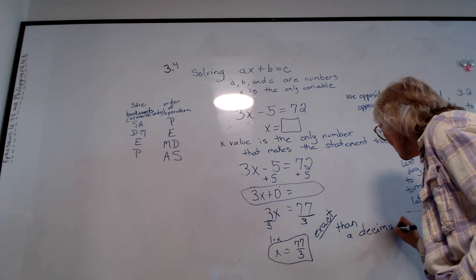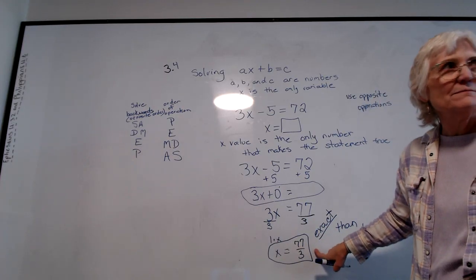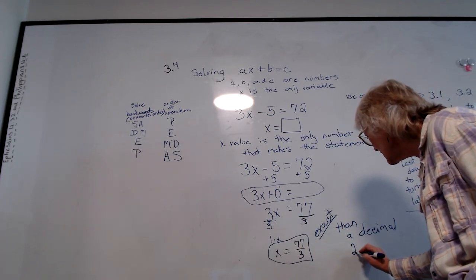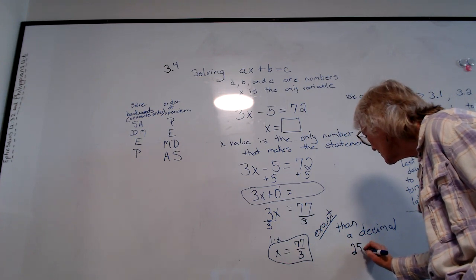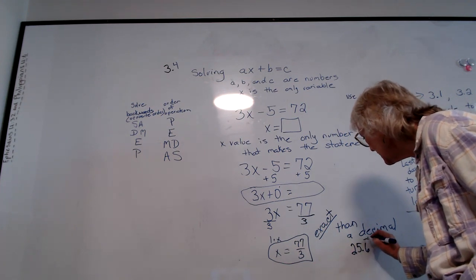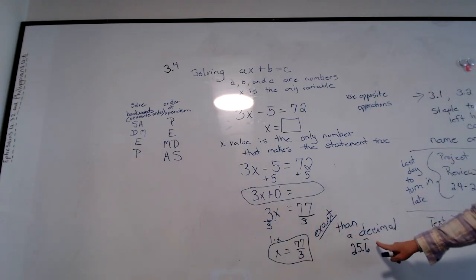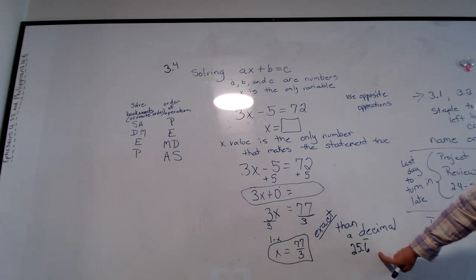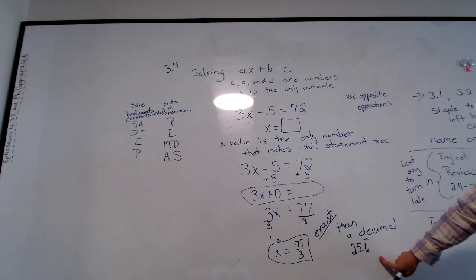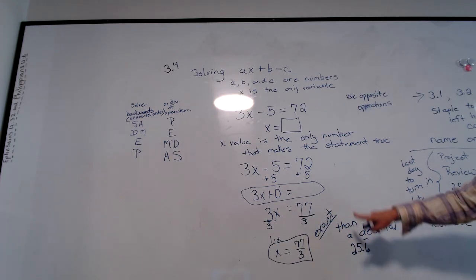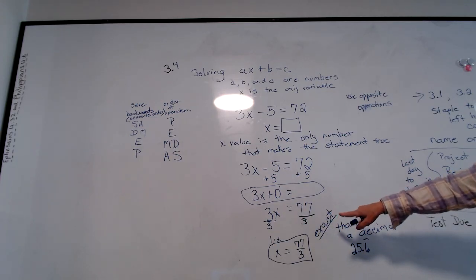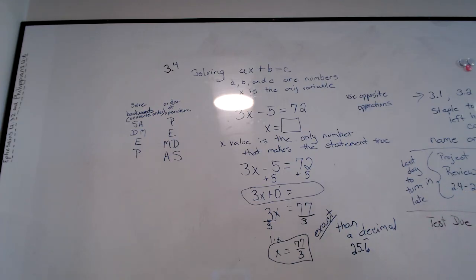So we prefer it in exact form. 25.666, 0.6 repeating. So this is more exact. This is actually not an exact number. It has to be rounded. That's why we go up to 6, 7. Just knowing that, keep it as an improper fraction. You do not have to change it into a mixed number at this point.